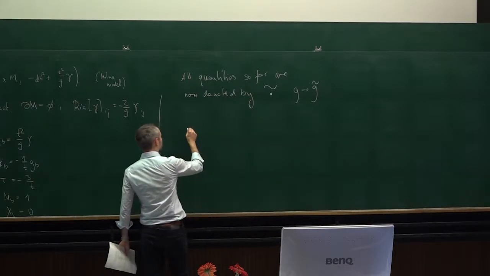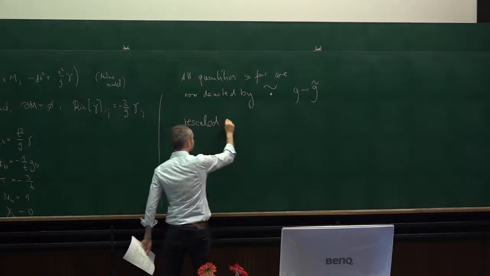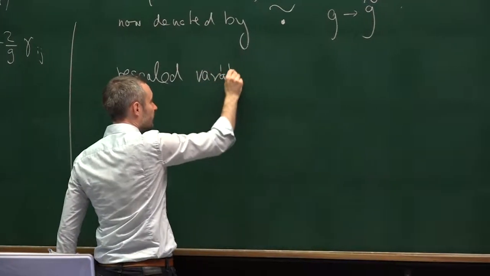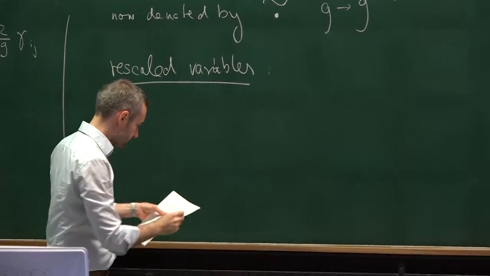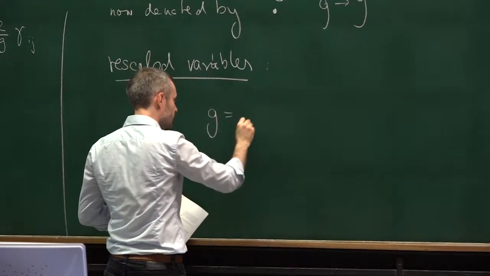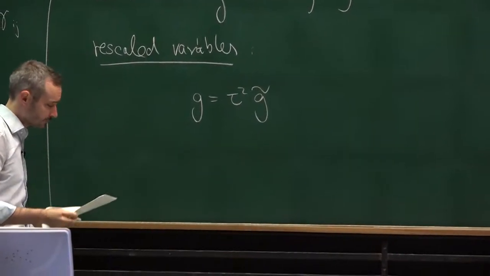So now we define the rescaled variables in the following way. As I said, g is now tau square times g tilde.